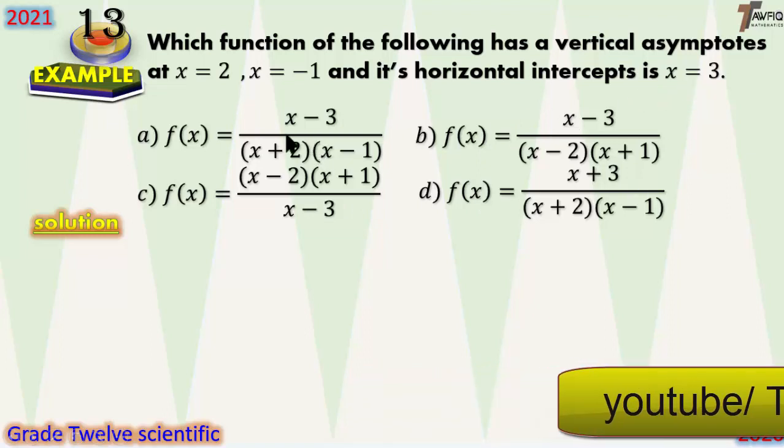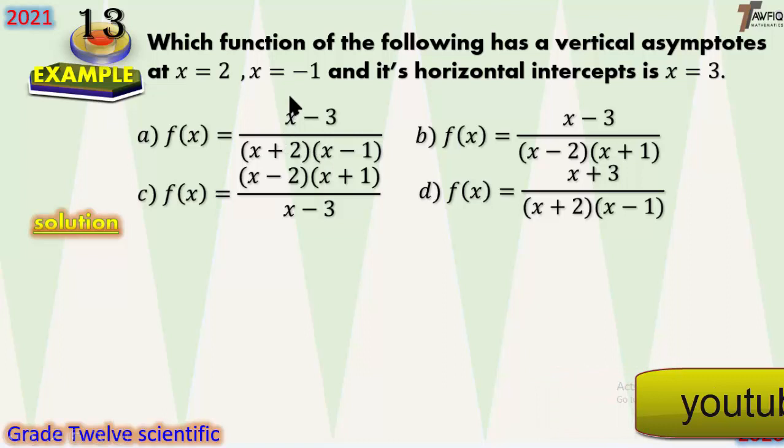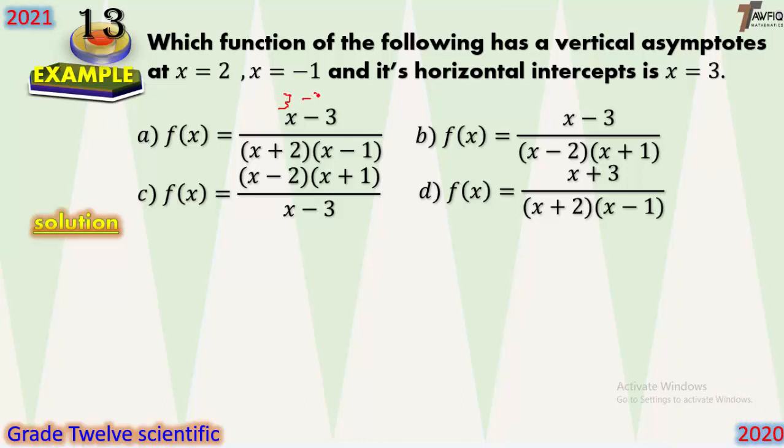When we replace x here, it is 3 minus 3, which is equal to 0. Therefore, this function's horizontal intercept is x equal to 3.